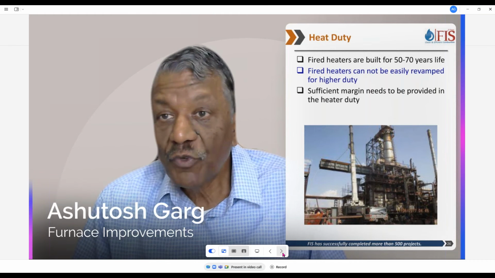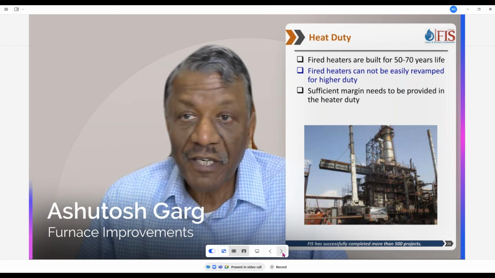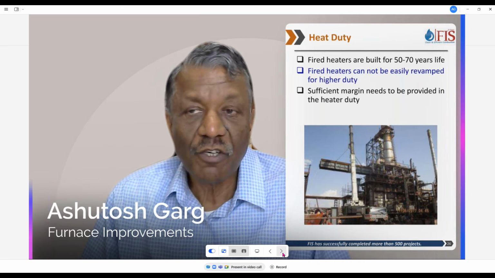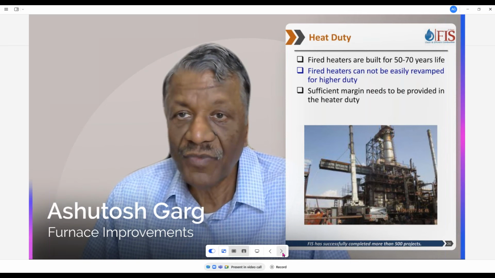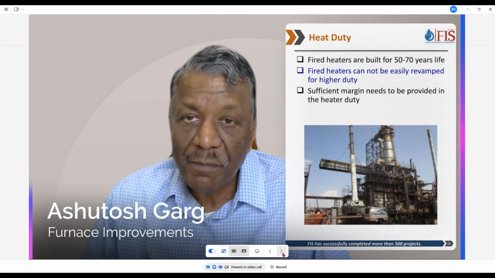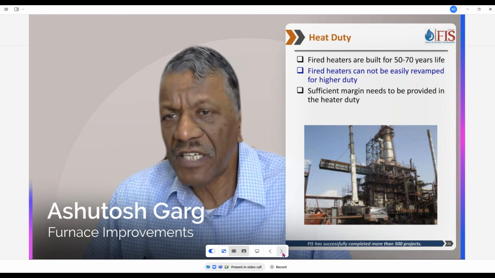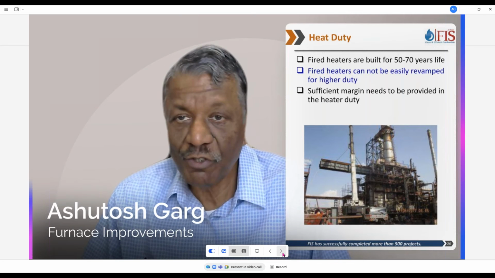Fired heater duty is the most important parameter that defines the capacity of fired heaters to transfer heat. As we have been talking of, fired heaters are built for 50 to 70 years. What has happened in the past 40 years is that we have upgraded our preheat trains to reduce the firing duty. That's a very good approach.